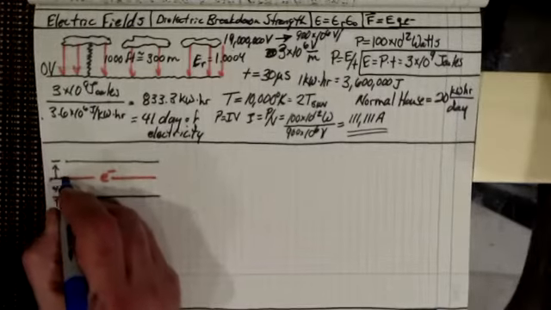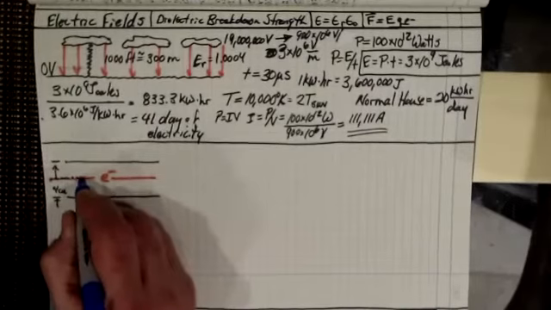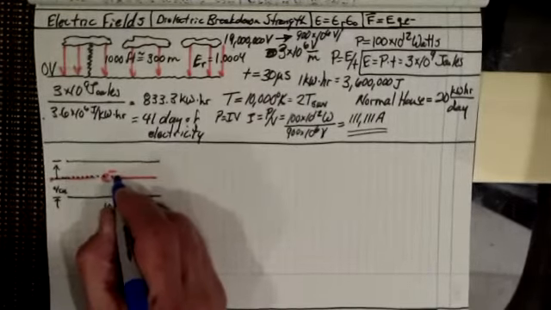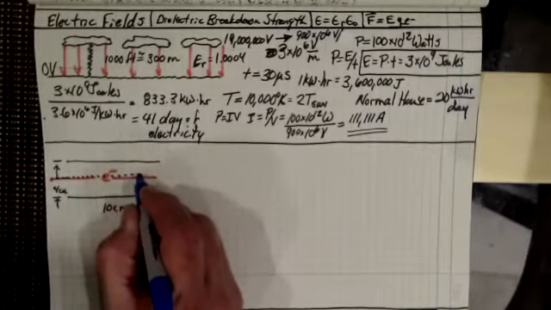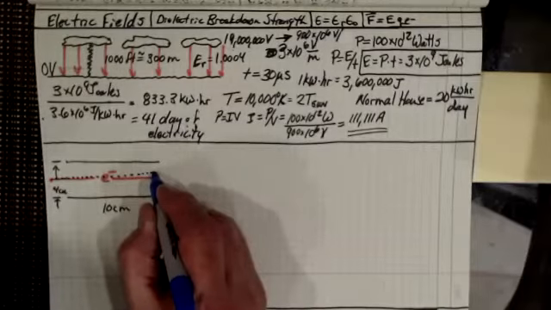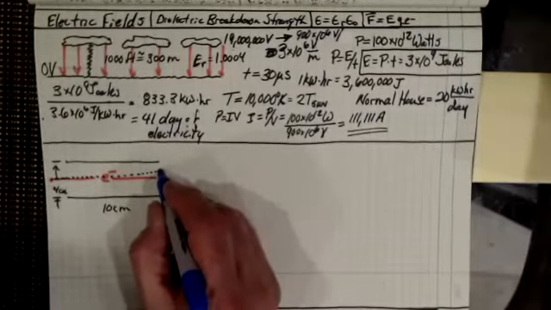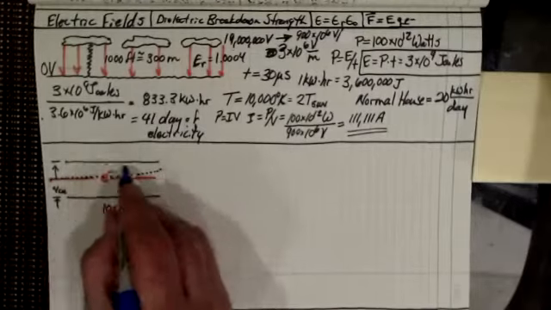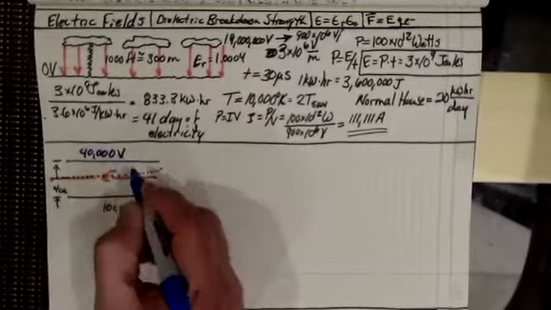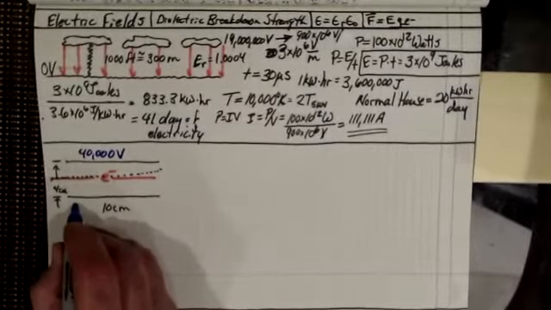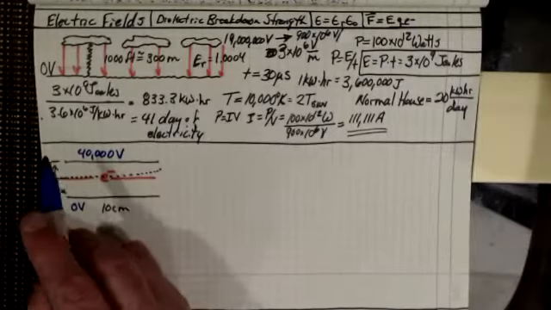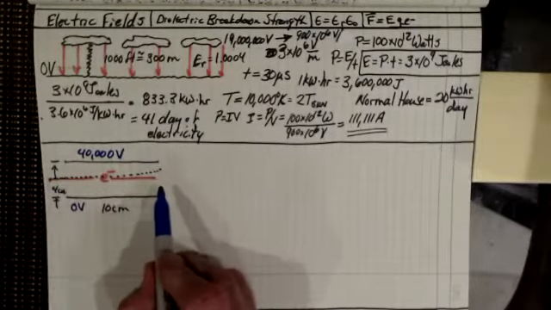As it travels along here, because there's an electric field across here, it's going to be deflected, going up exponentially in here. And then once it gets to the end of the copper plates, the copper plate on top is going to be 40,000 volts, and the copper plate on bottom is 0 volts, and it's going to be deflected.